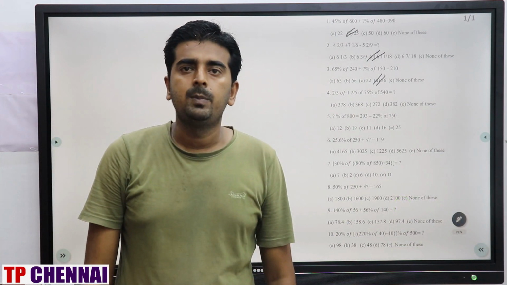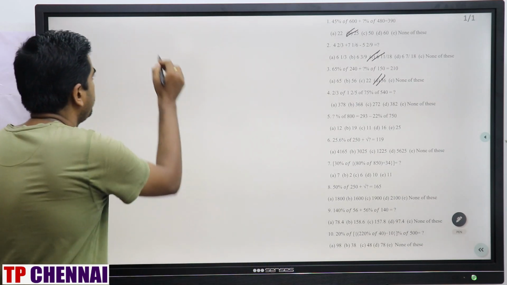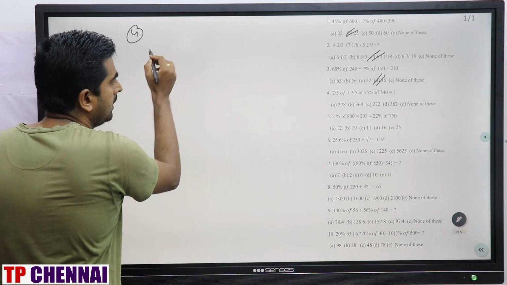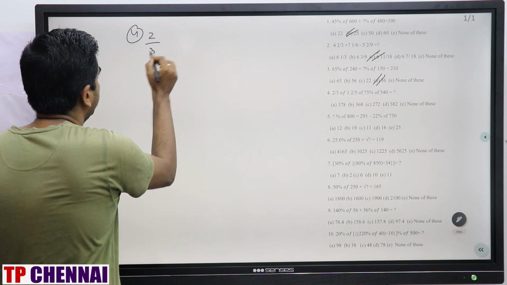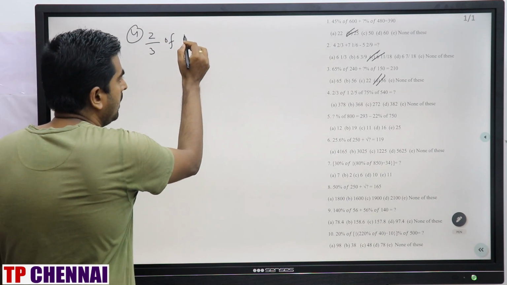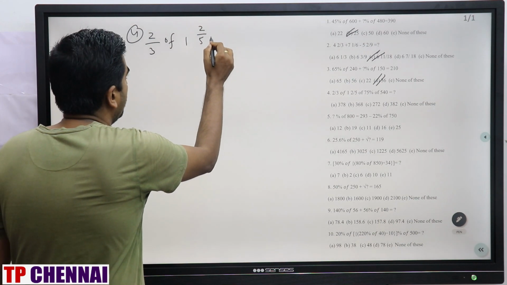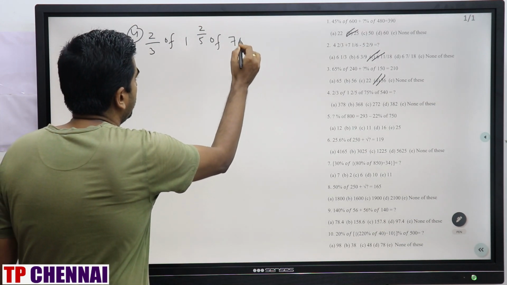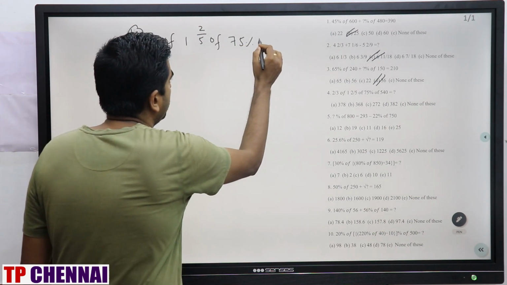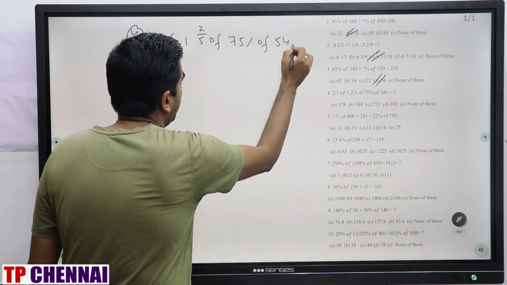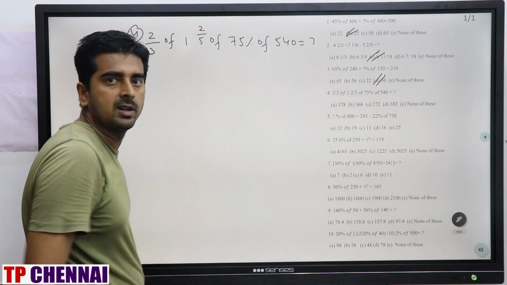So now we'll see question number 4. 2 by 3 of 1 2 by 5 of 75% of 540 is equal to question mark.